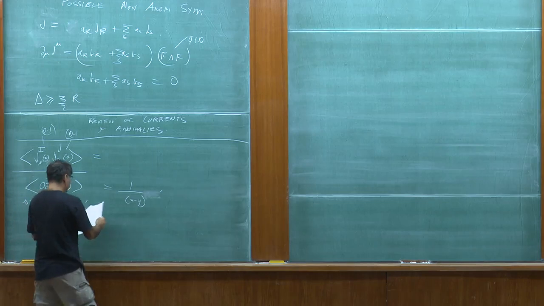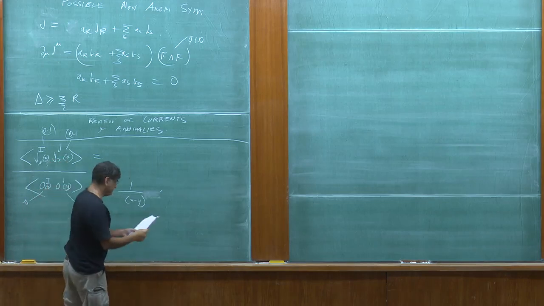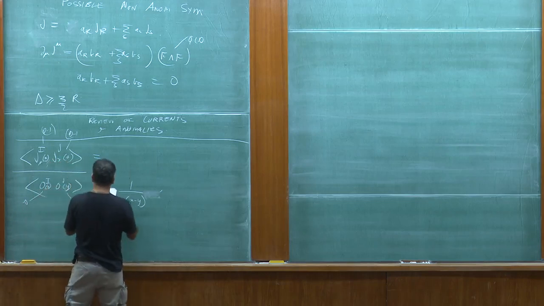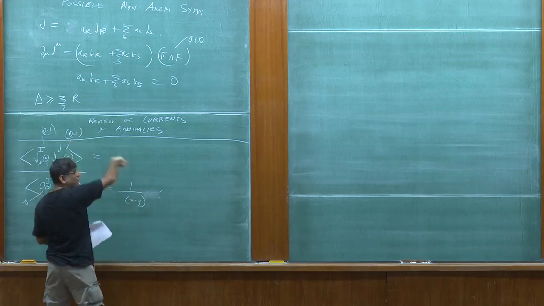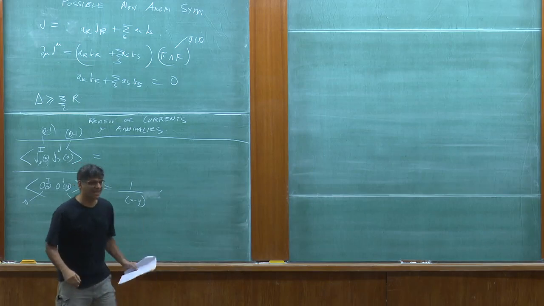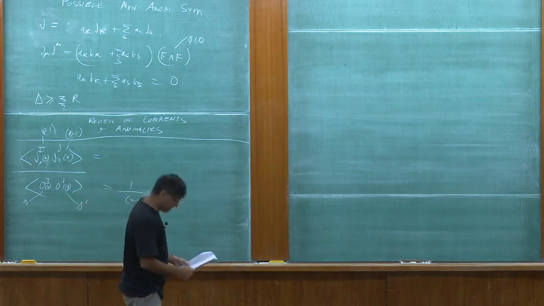Let's see what kind of structures one could write down here. They're working in 4 dimensions, so D minus 1 is 3.